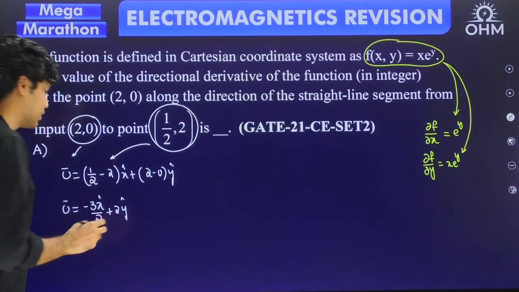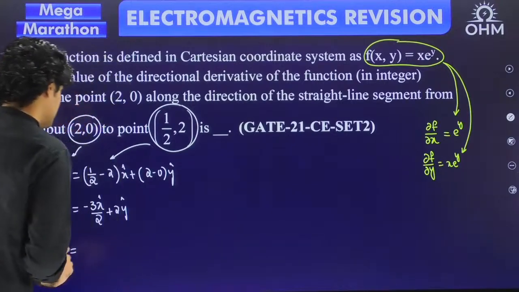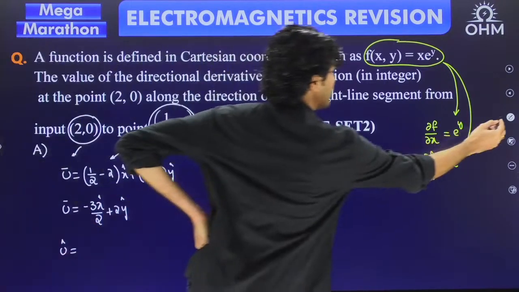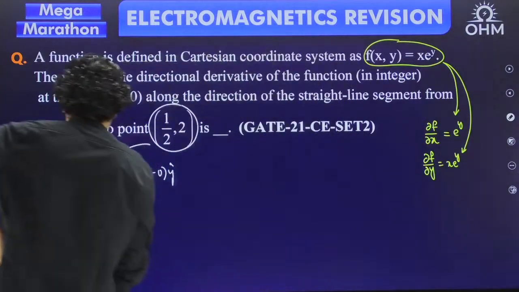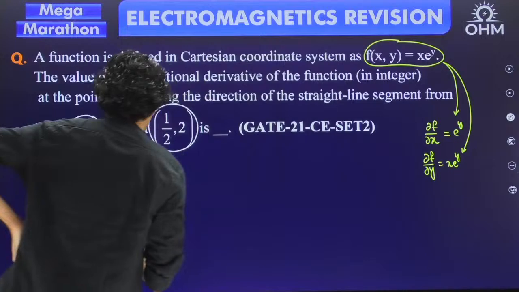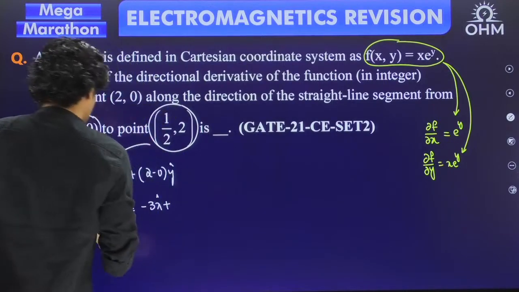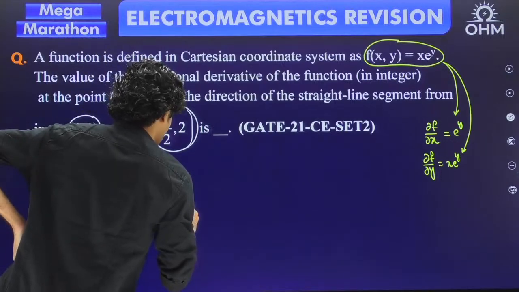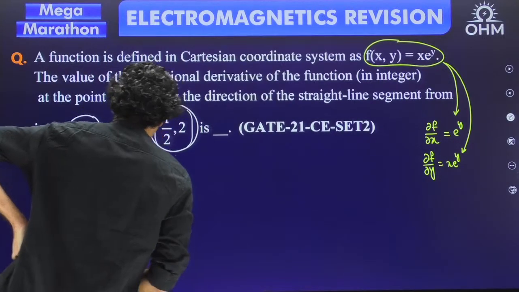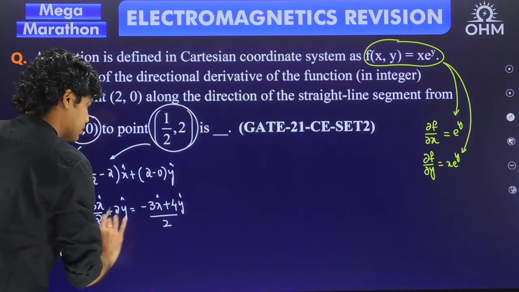But again, I want u cap. So what is u cap? Just for simplifying my calculations, I'm taking the LCM. If you take the LCM, this is minus 3 x cap plus 2 into 2, which is 4 y cap, divided by 2. The denominator anyway is 2, let's not disturb it.